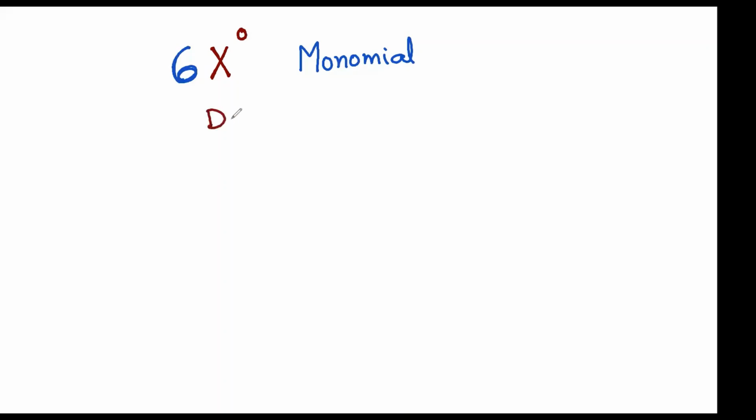So the degree of this polynomial is 0. This is a 0 degree monomial. A constant, whenever you see a number or numerical value, it is still a kind of polynomial and it is a monomial. The degree of this monomial is 0.